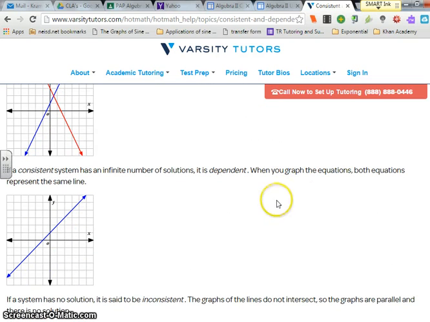Next, if you'll remember when you had an infinite number of solutions where the lines are coinciding, one right on top of the other, this is called dependent. And how do you know when you have a dependent? Well, back to our notes.